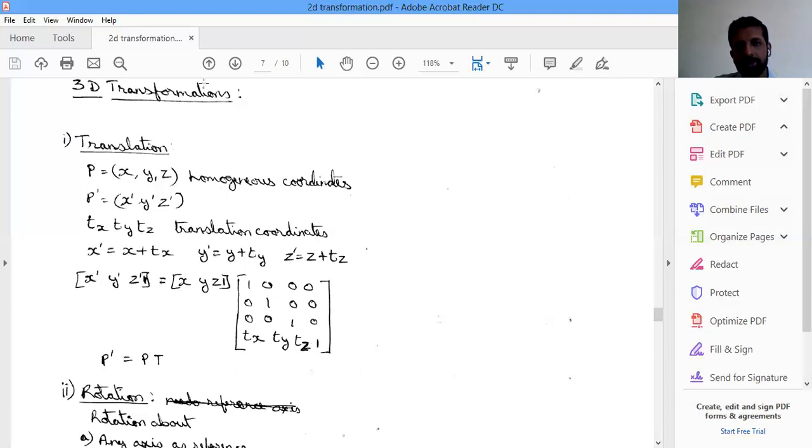So let us go in the same order as we did for the 2D transformation. Let us look at the transformations in the 3D environment. The first thing is translation.